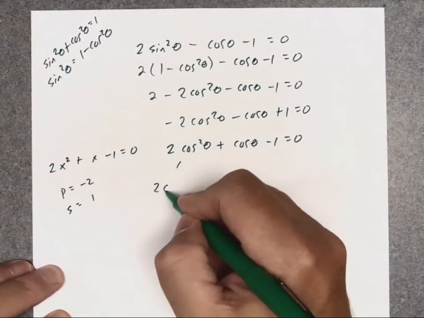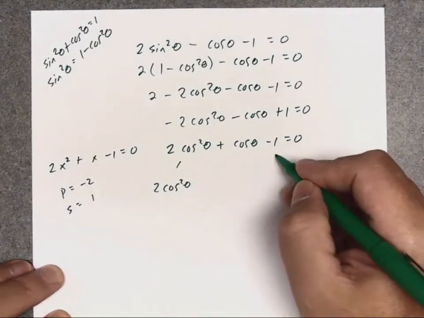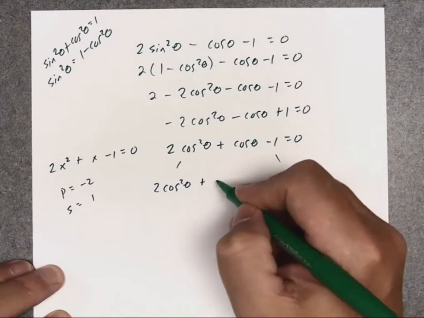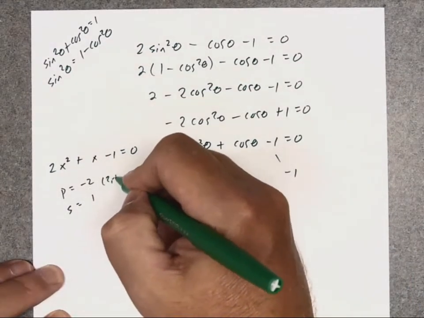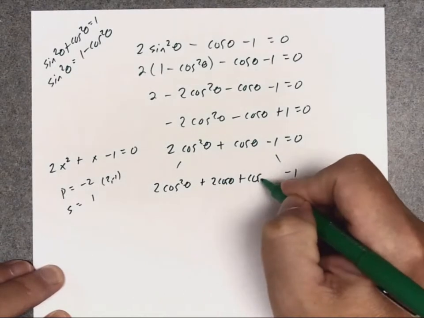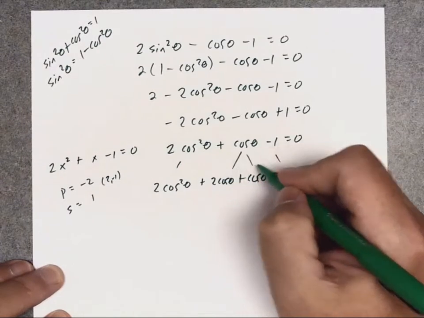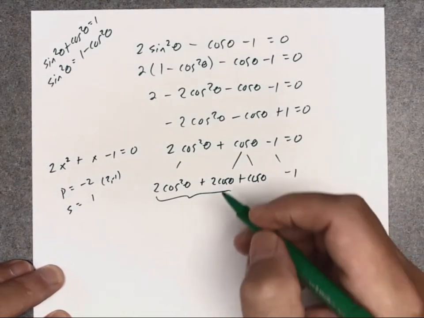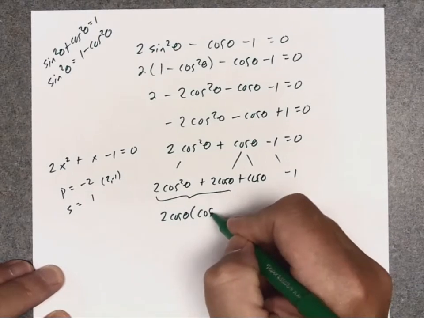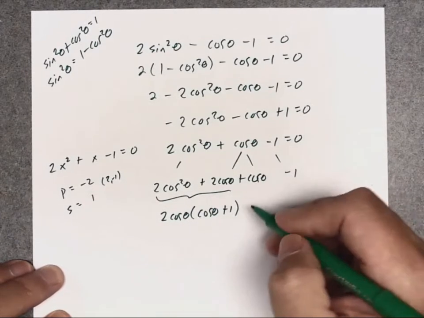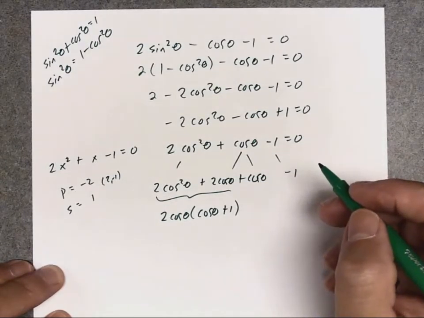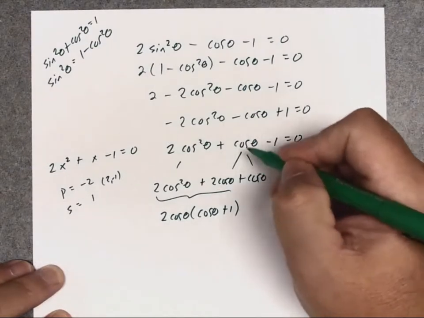So it's 2, -1. So 2 cosine theta plus cosine theta. That gets broken up. And now factor out the GCF. 2 cosine theta plus 1. Oh, this had to be negative right here.